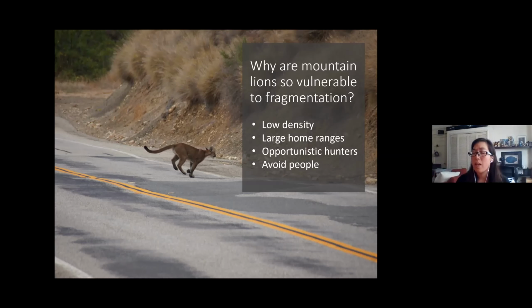facing all these problems. And then one other thing is that they seem to be scared of people. They generally avoid us. There have been studies that have shown they tend to stay further away from the urban edge as much as they can. One story that comes to mind is a mountain lion that was killed in the Woolsey fire, which was in Southern California.